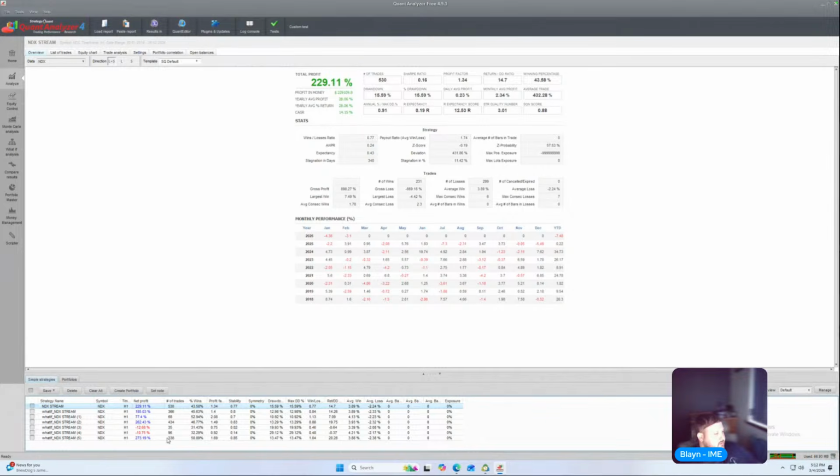So 2025 doesn't actually change. Interesting. Very interesting. So maybe that is a change that we could make.